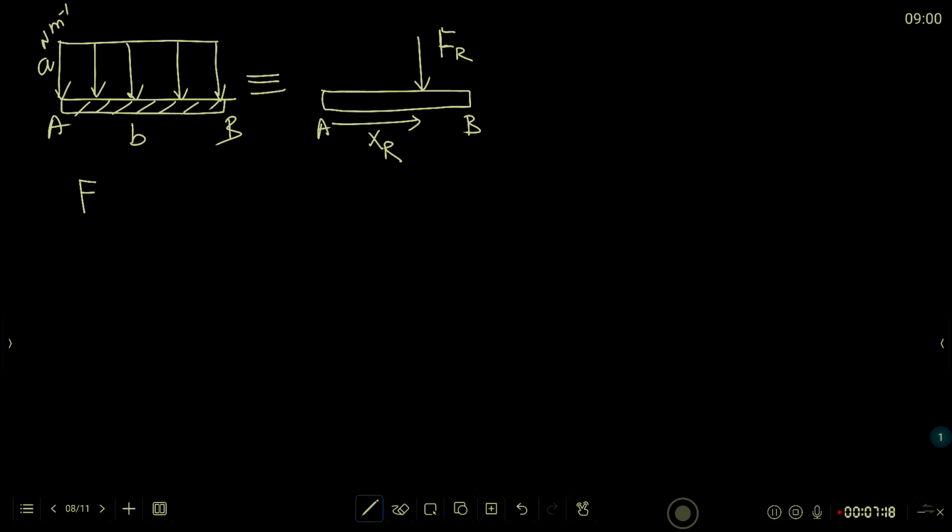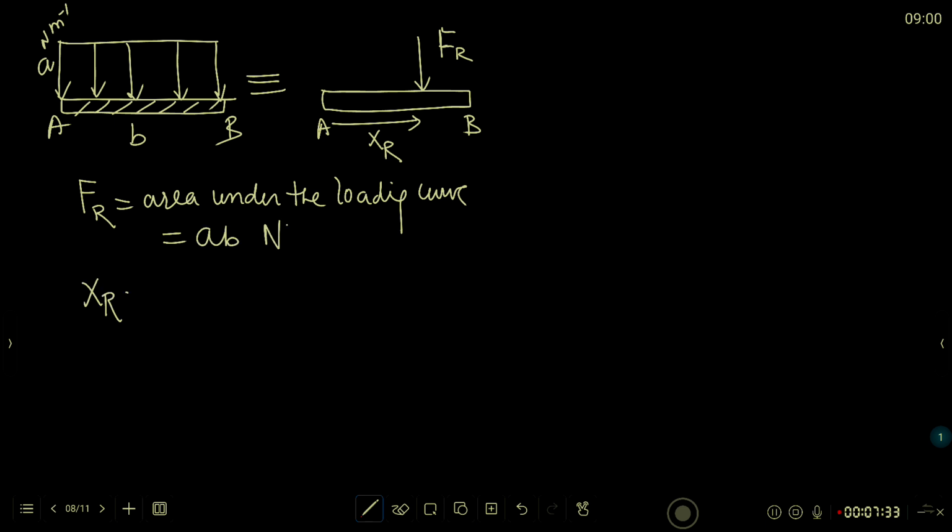Fr is the area under the loading curve, simply AB newtons.